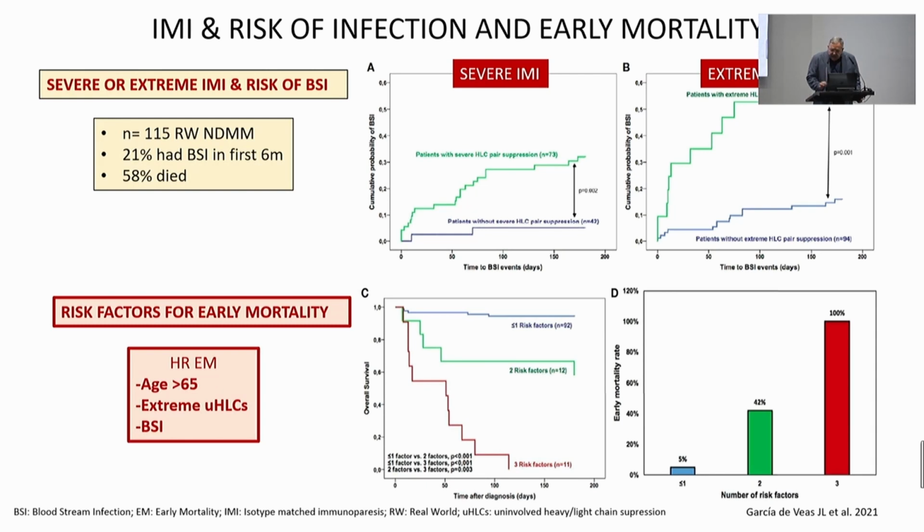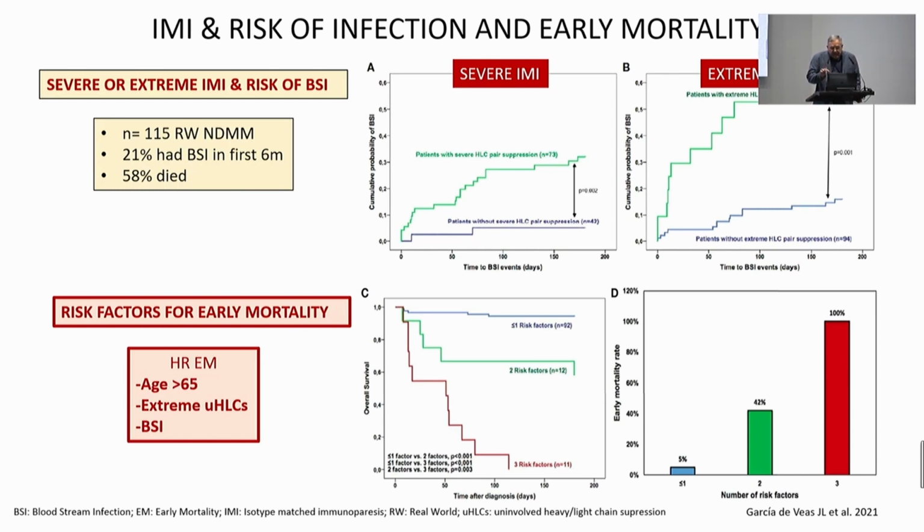This is a very interesting study in 115 patients with newly diagnosed multiple myeloma. We can see severe IMI and extreme IMI associated with an increased risk of bloodstream infection. 21 patients had this kind of infection in the first 6 months of the follow-up, and 58 of them died.